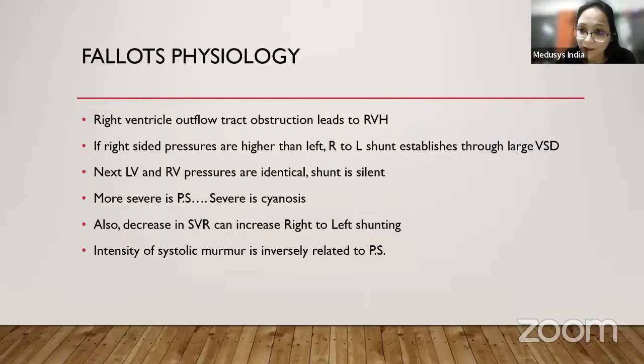The more critical the stenosis, the less flow will go there, so hardly there will be a murmur. It is not flow through the VSD, but through the pulmonary valve. The shunt is mostly silent. We are talking about the systolic murmur, the PS murmur. So this is a very important thing to remember.